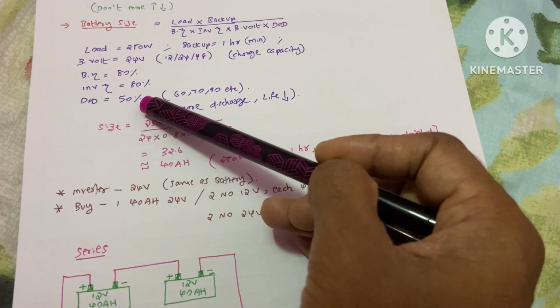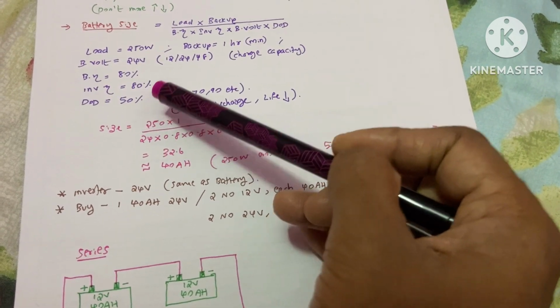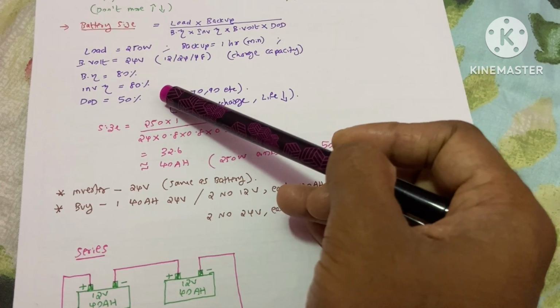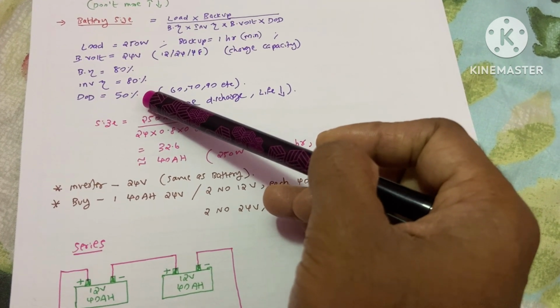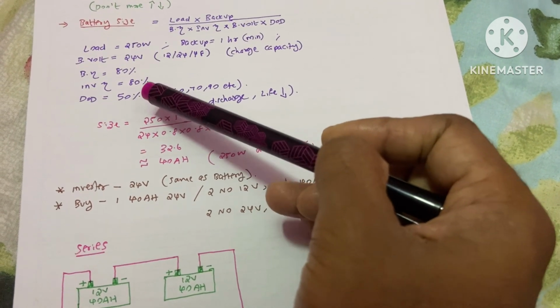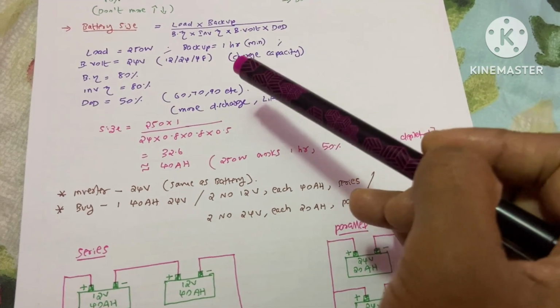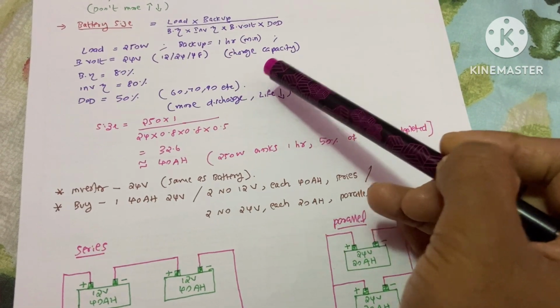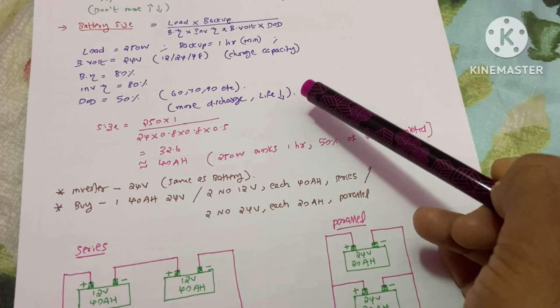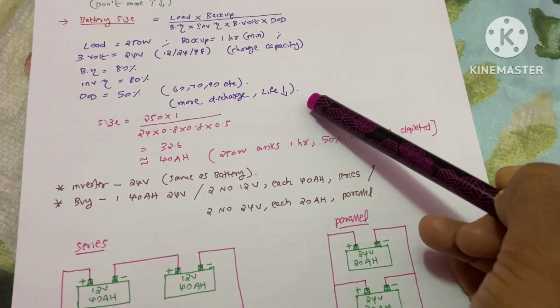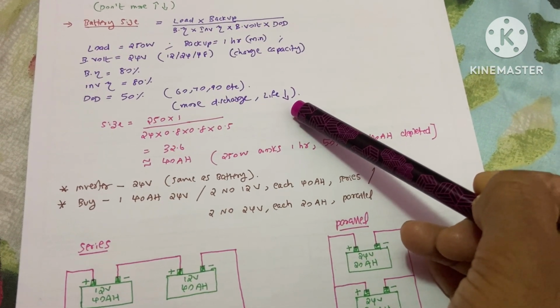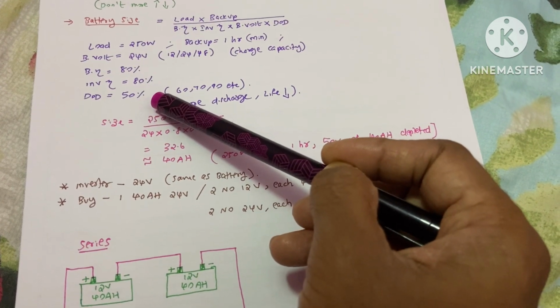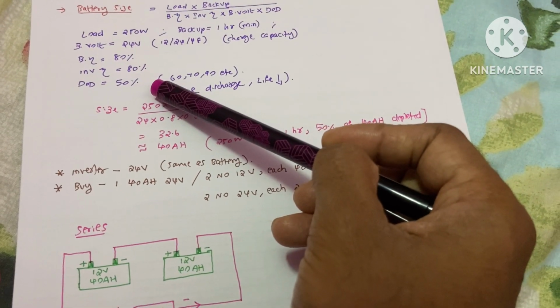If it is 50, it means you could take 50% of your battery charge and 50% will be remaining in your battery. The main thing is, if your depth of discharge is more, then the life of the battery will become less. So it is always better to consider 50% depth of discharge.